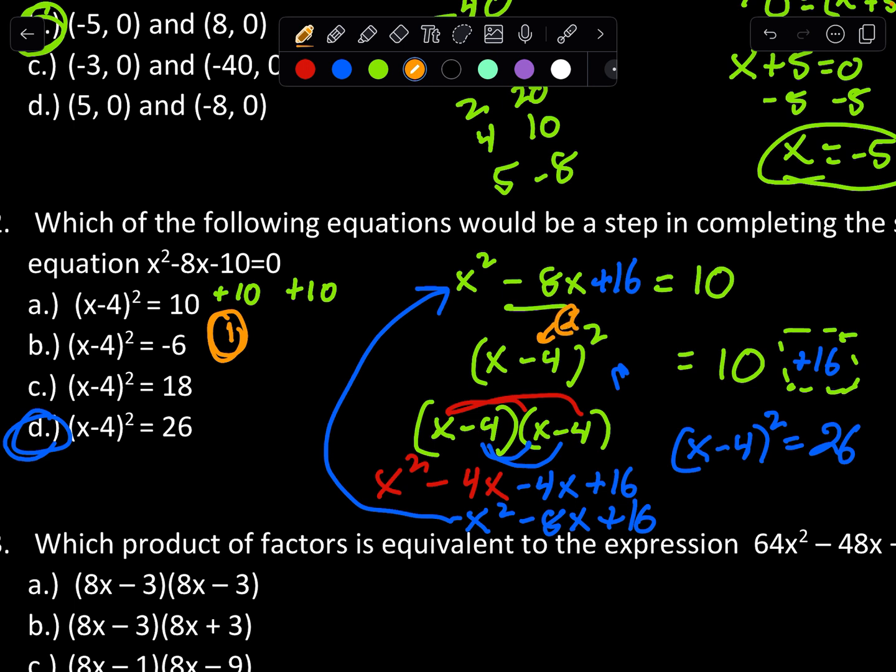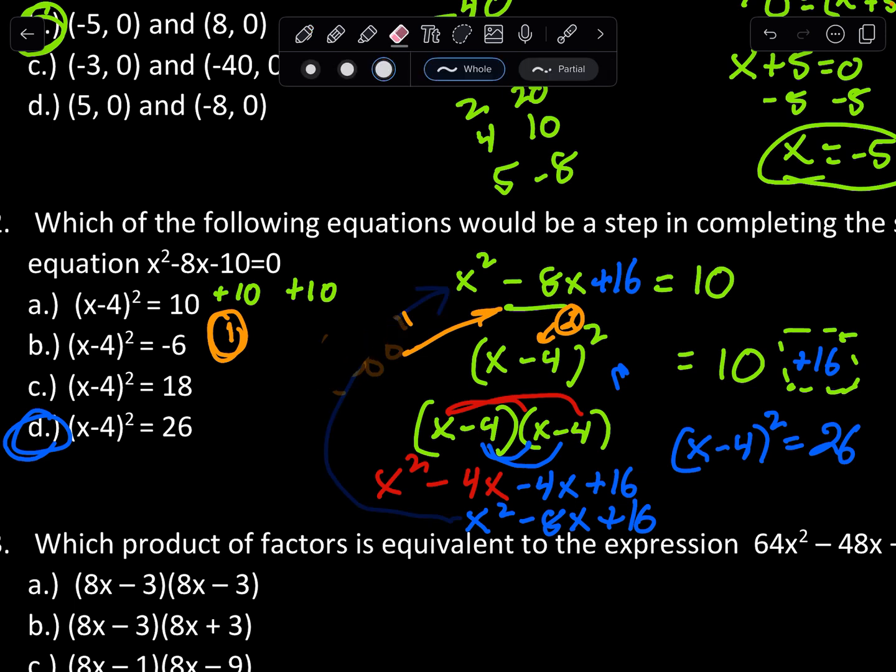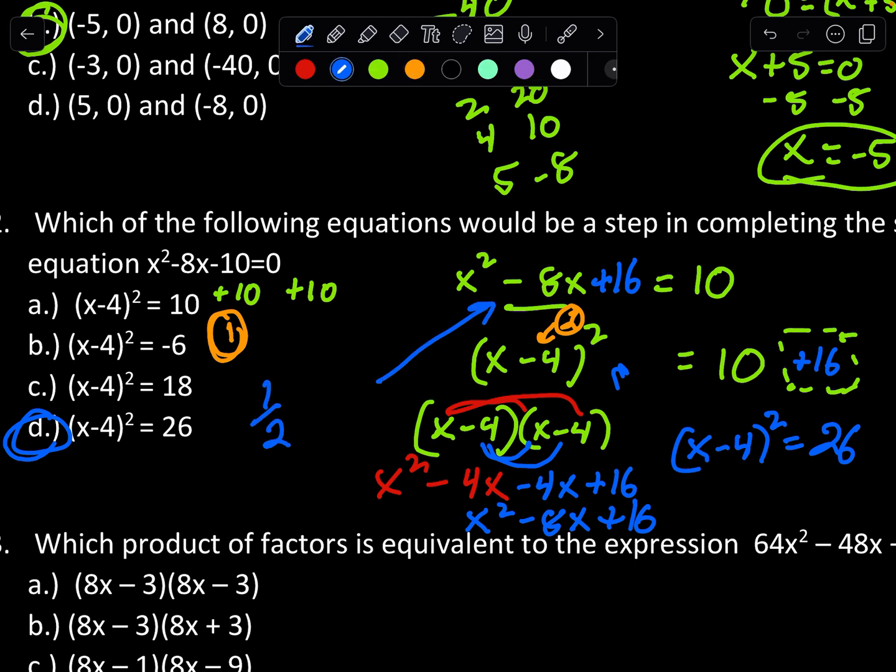That was the second step I took, and I said, okay, well, that's going to be half of my b term. Half of b. I took half of my b term. So that's how I got the negative 4.